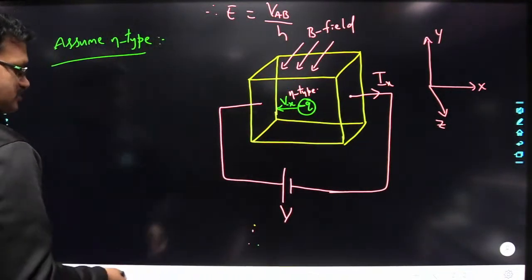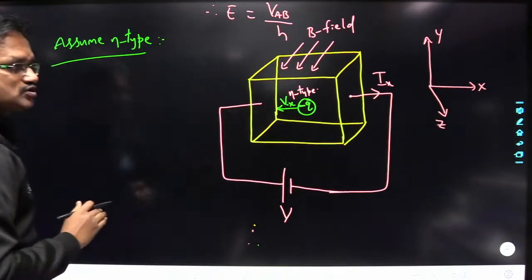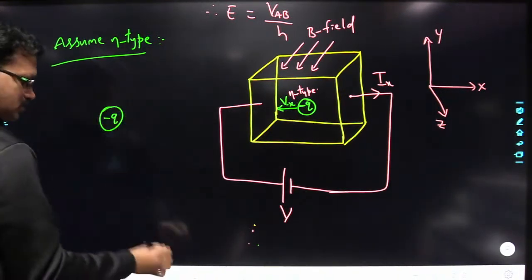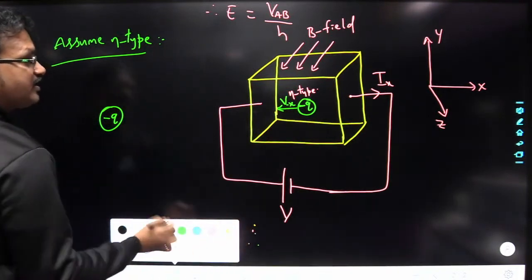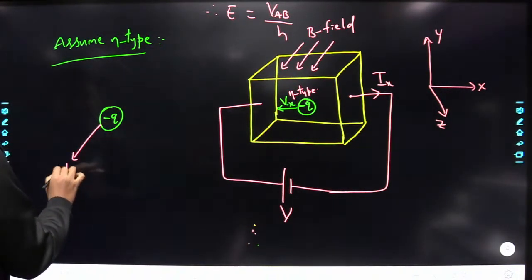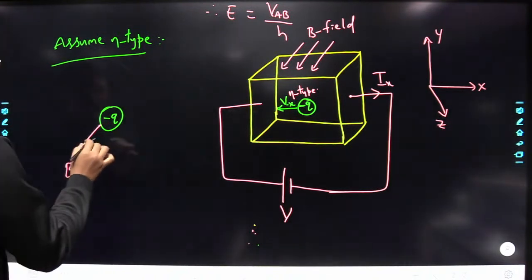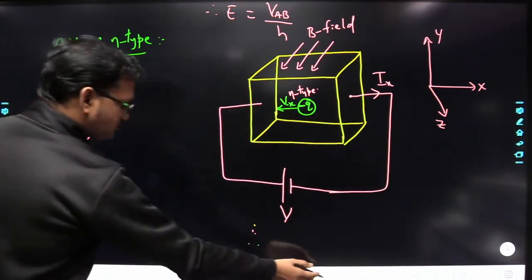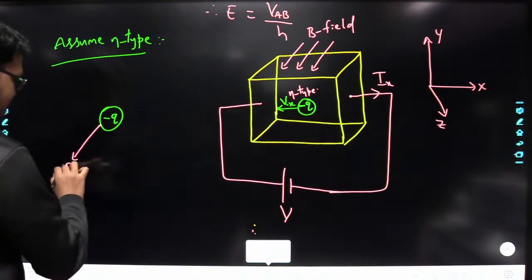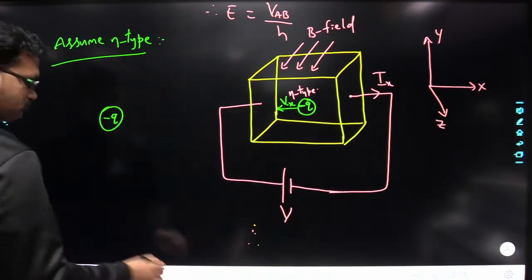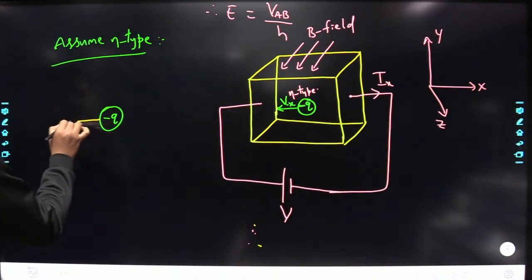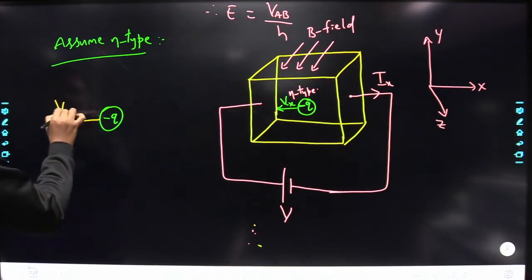Now in this case, in which direction this minus q is going to experience the force? Now here you are having minus q, right? And B field is acting in which direction? Positive z direction, right? And the velocity is in negative x direction, it is moving like this, right?